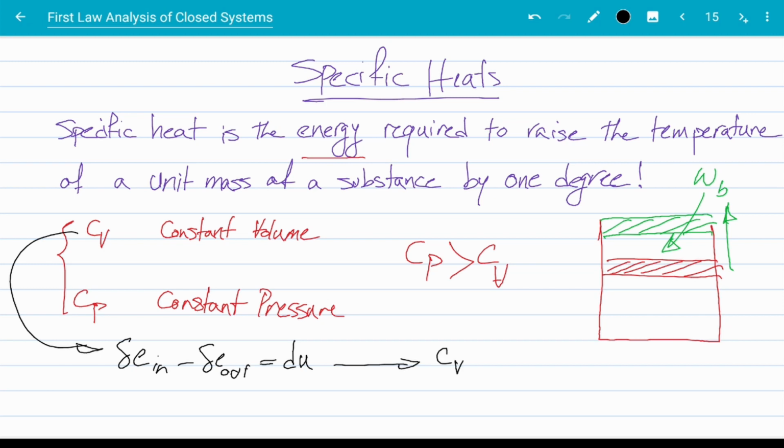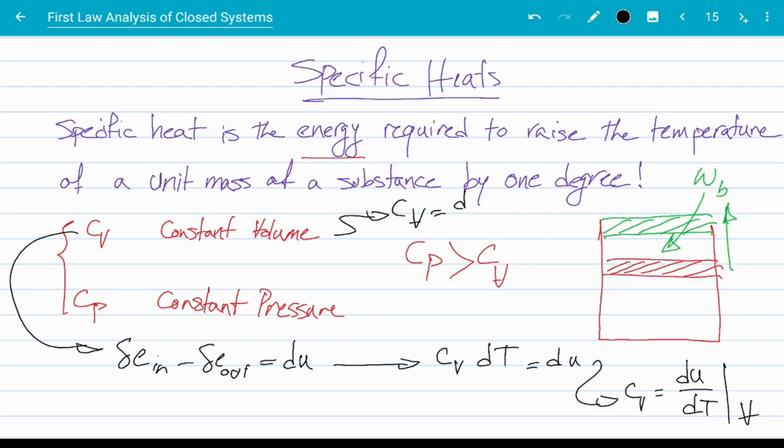So energy coming in minus energy going out can be written as the specific heat at constant volume times dT, and that amount of energy is equal to du. This gives me Cv is actually du over dT at constant volume. So let's write that down here. Cv is actually du over dT at constant volume.